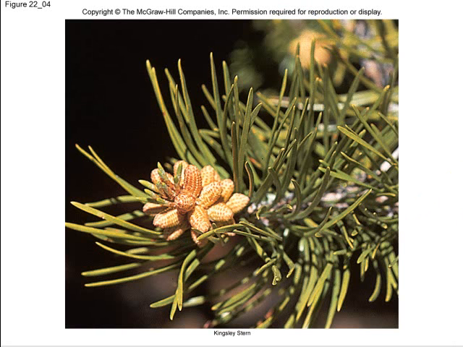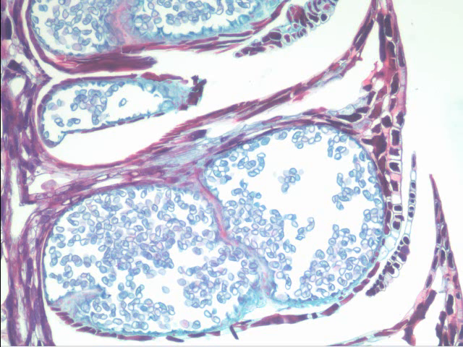Let's look at some pictures. Here's some male cones, relatively small, relatively flimsy compared to the much bigger, much tougher female cones. And so here's the inside of one little cone scale. Here's the central axis to the left, and here's this cone scale, this male cone scale. What do we call that? A microsporophyll.